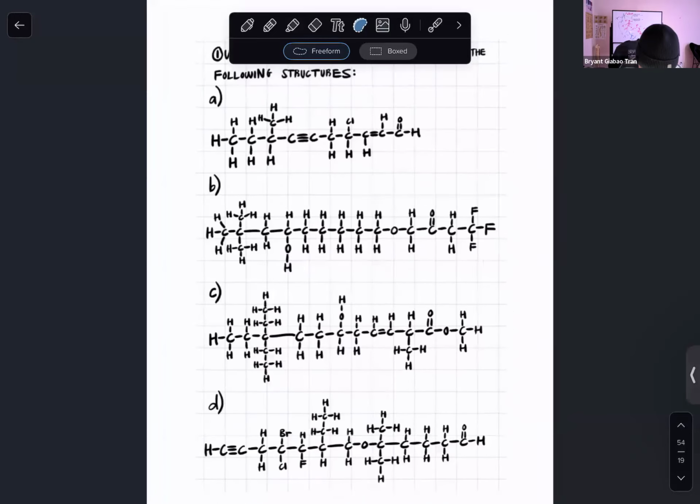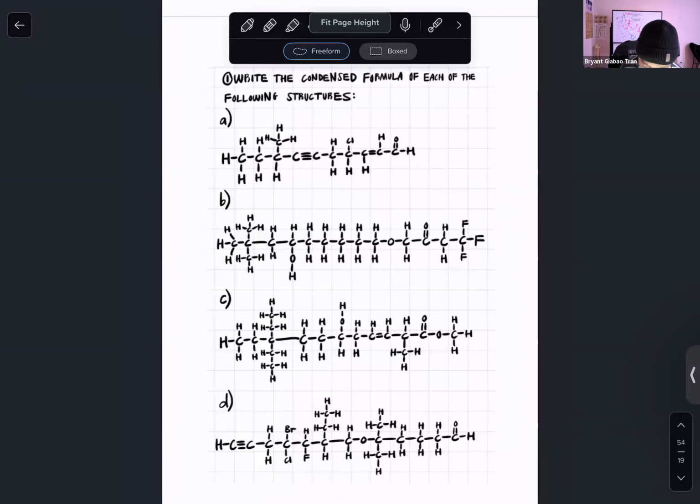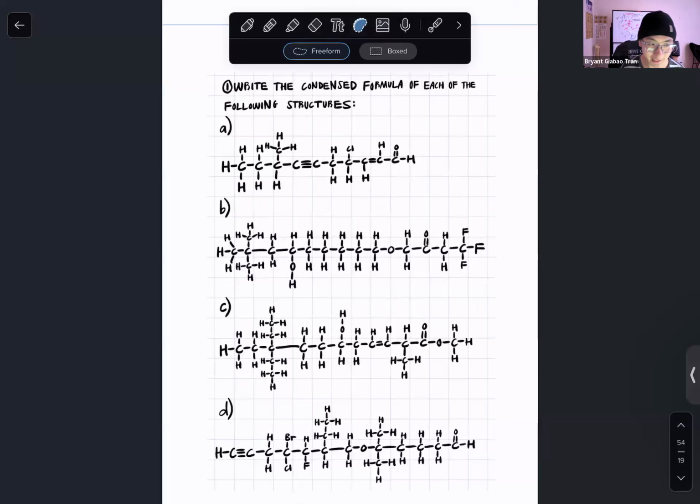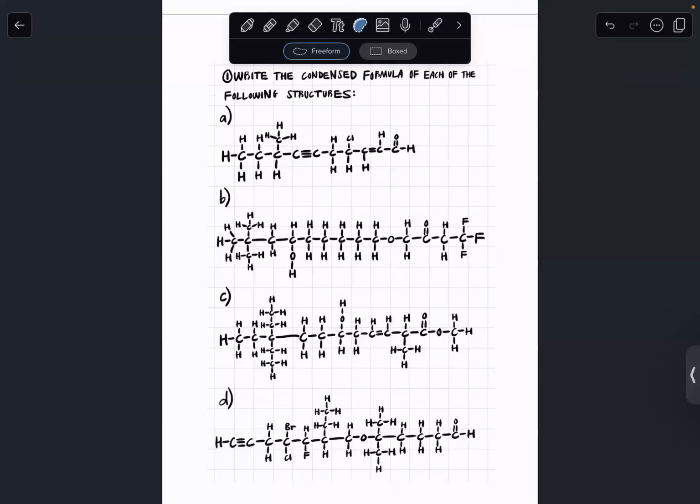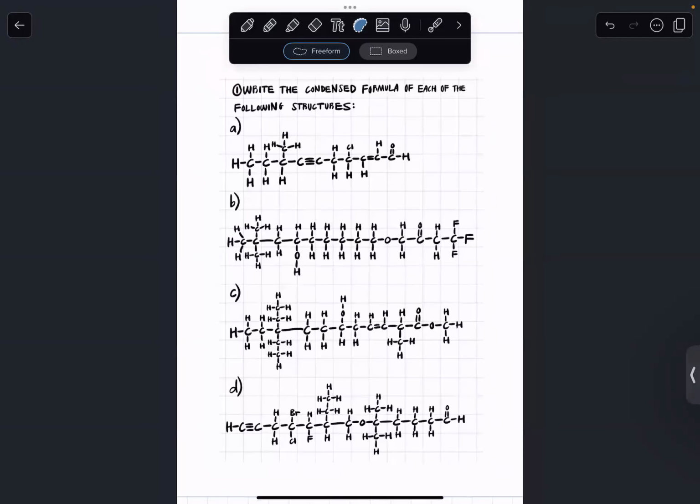Try drawing out these four structures right here. Send it to me, and then I could double check your work, and then we could go over the concepts as well. While you do that, I could go over some 118C problems, and then go back to this. Okay, that works. Thank you.